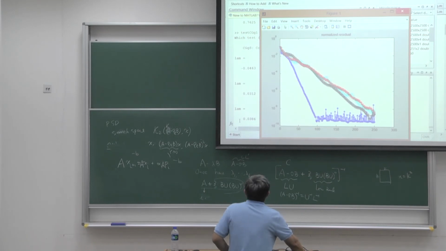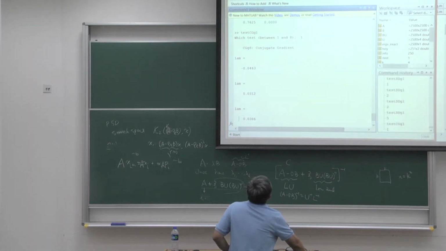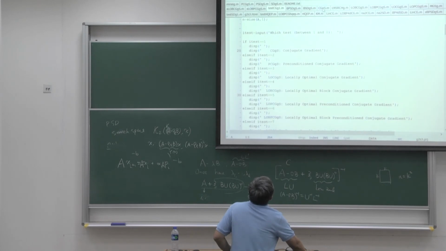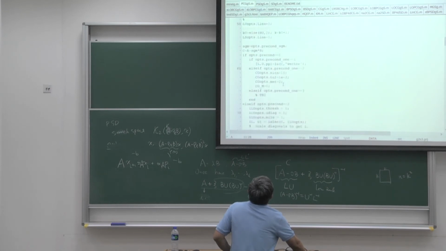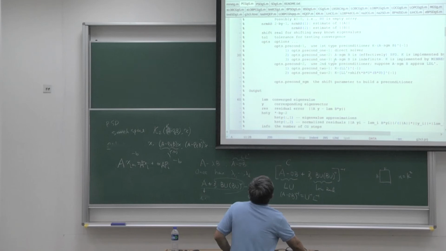Then I have the final routine with the preconditioner, the same preconditioner we talked about before. Let me just outline it there.